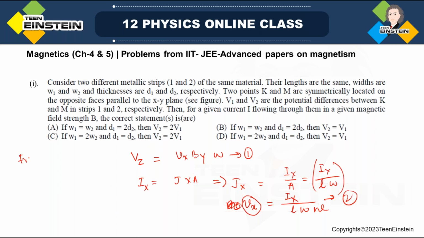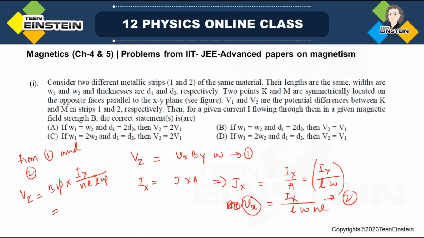So from equation 1 and 2, what we get is that Vz is equal to By w into Ix by N into E into Lw.